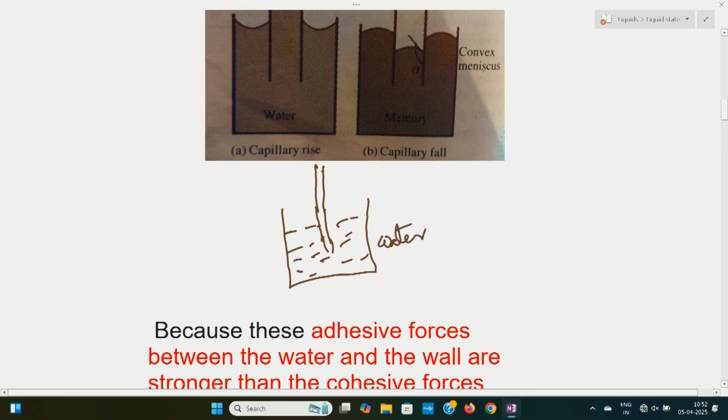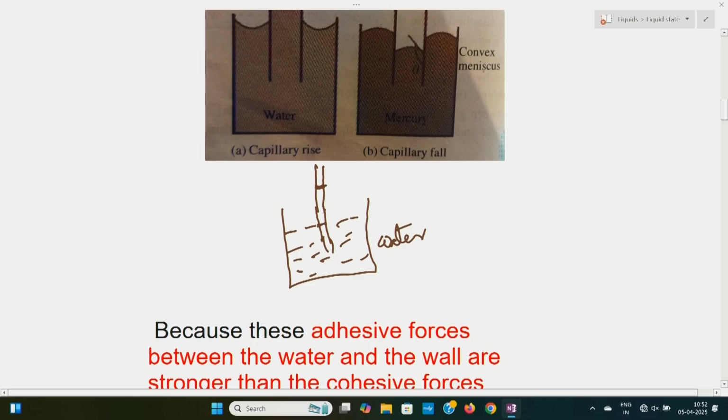When we dip this small capillary tube in water, after some time we can see the capillary rise. That means the water in the capillary is increasing. Initially it was at the same level, but after some time we can see the capillary rise.